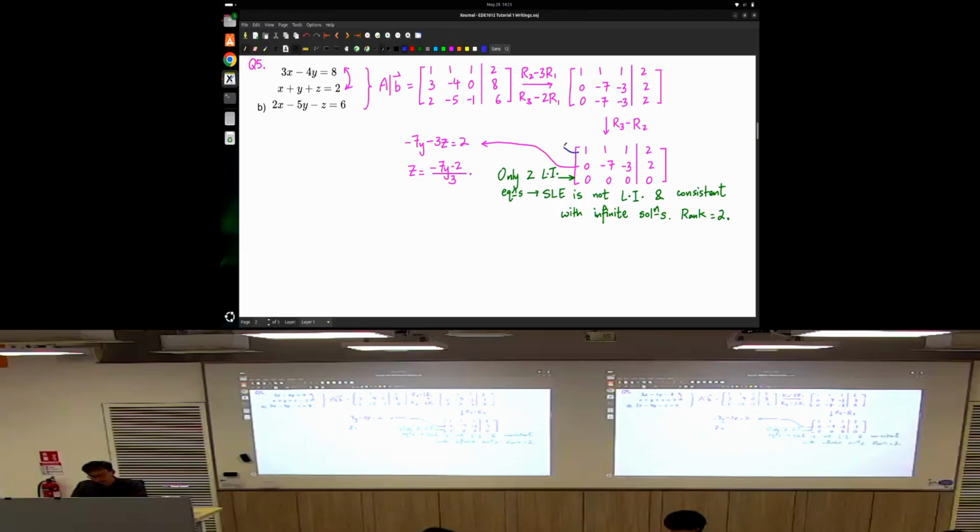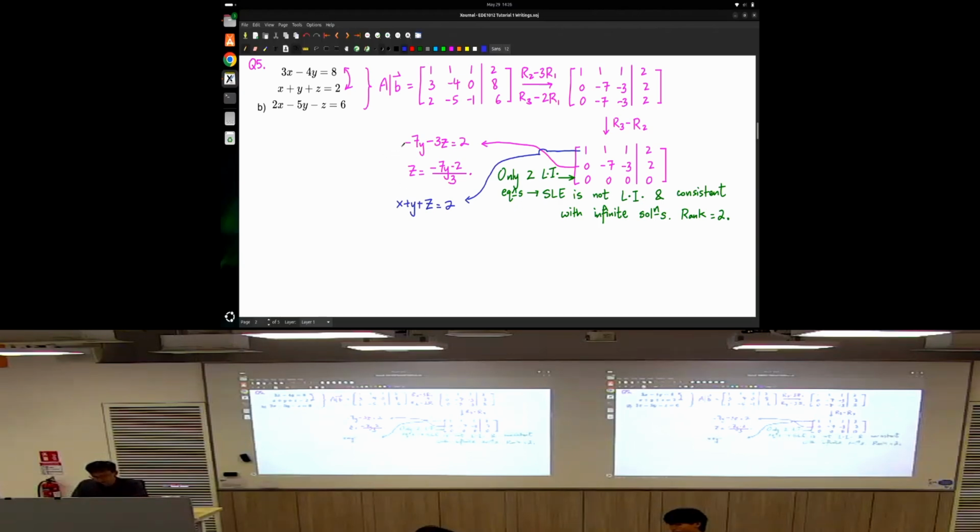Then the second equation will be x plus y plus z equals to 2. So once again, we want to get rid of the y, so we do some row operations.